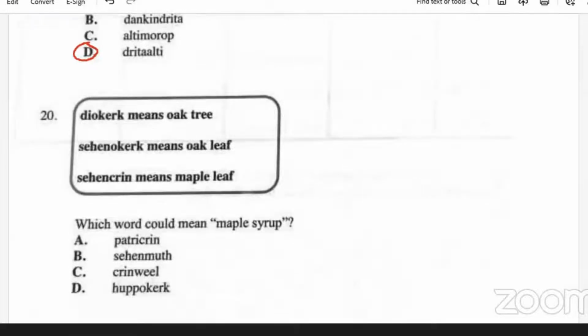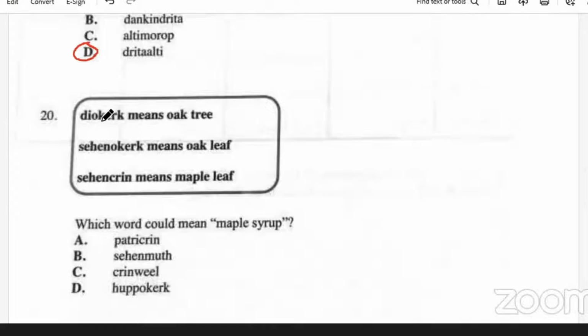All right, so which word could mean maple syrup? Okay, so Deokirk means oak tree. Sihenokirk means oak leaf. Sihenkrin means maple leaf. So we can see that when we look at the similarity between oak tree and oak leaf, oak would be the common word.